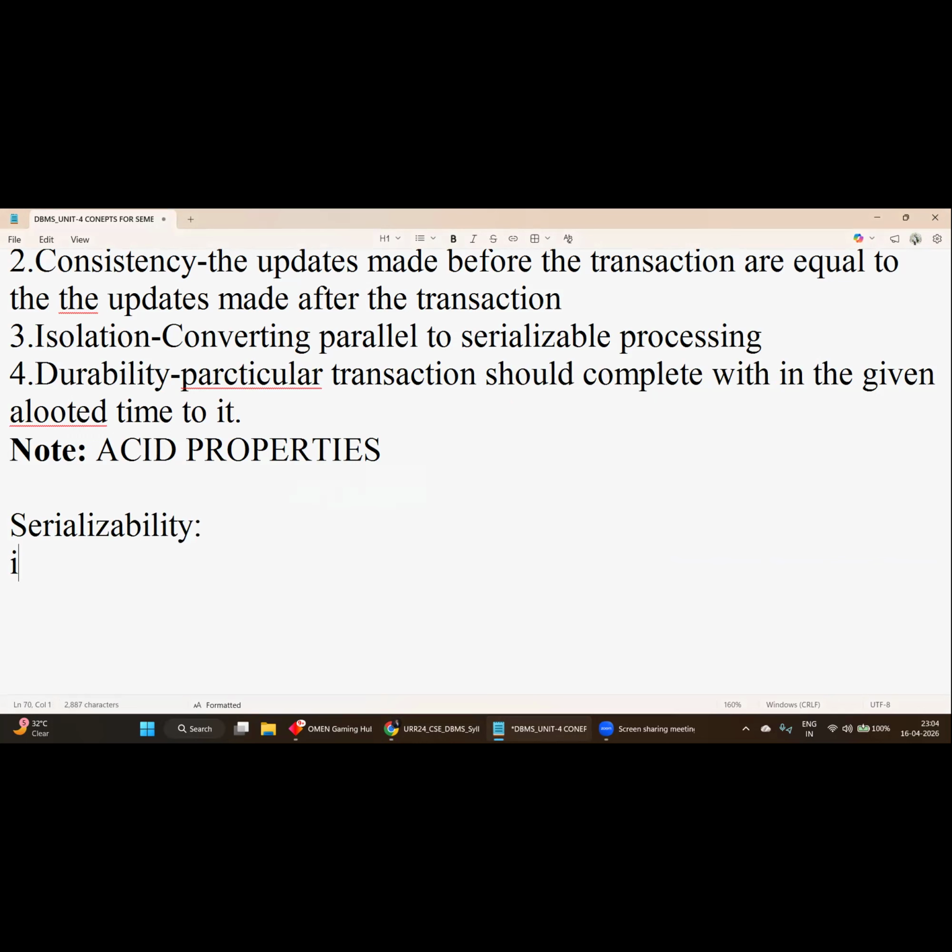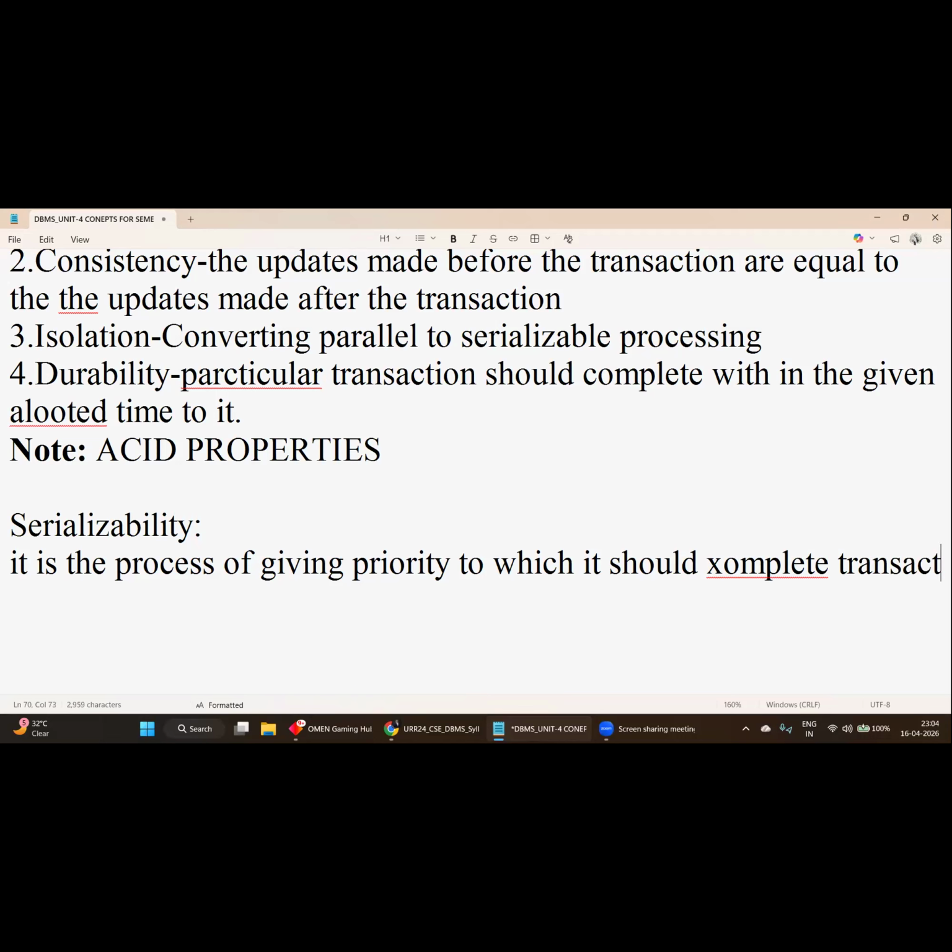Serializability is the process of giving priority to which action should execute or complete within the time allotted. Okay.